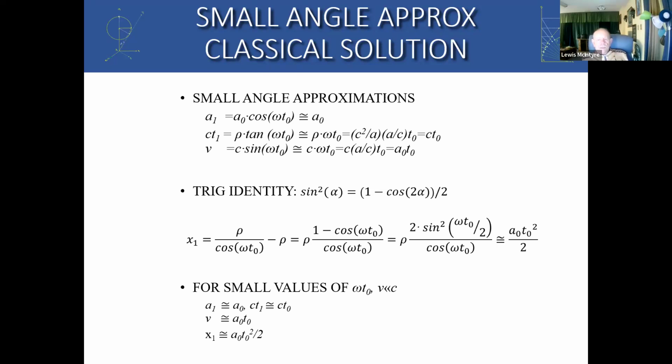Using the trig identity shown, we determine that x equals 1/2 of the acceleration multiplied by time squared. These are the classical equations for constant acceleration, the small angle approximation to the Rindler hyperbola.